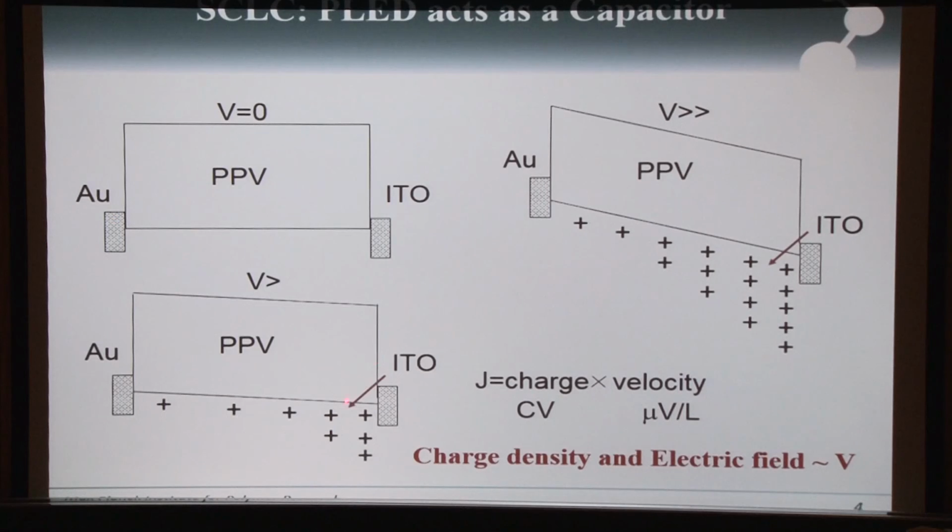Then, of course, if you have a current, you also apply an electric field. And the mobility times the electric field is the velocity of the carriers. So if you look at this expression, the current is something like the amount of charge carriers multiplied by how fast they move. And what you see now is that both are proportional to the voltage. And that's why you get a quadratic dependence, V squared.